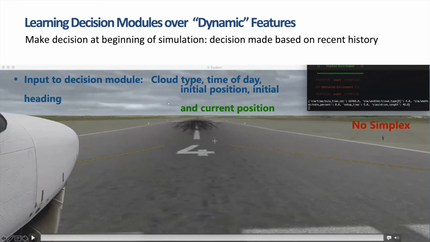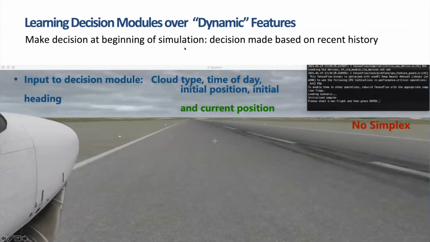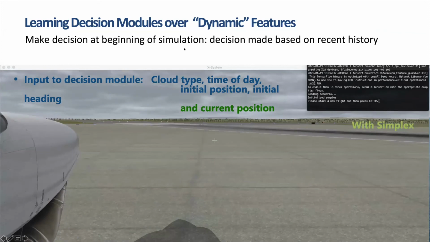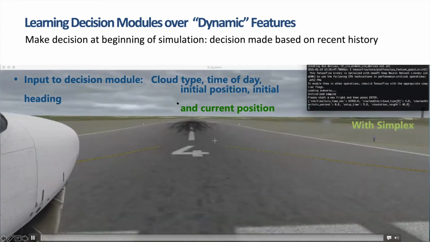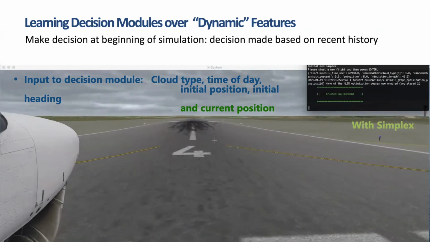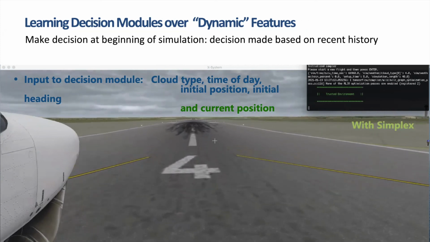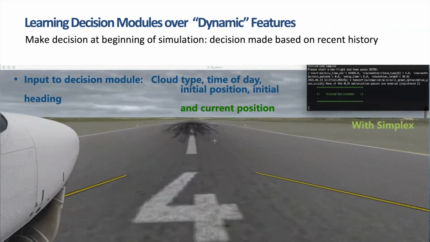So the system remains unsafe. Indeed, if we now add the simplex and switch back to the safe controller as soon as we raise an alert, then in exactly the same situation, we will see that this makes the system more safe.